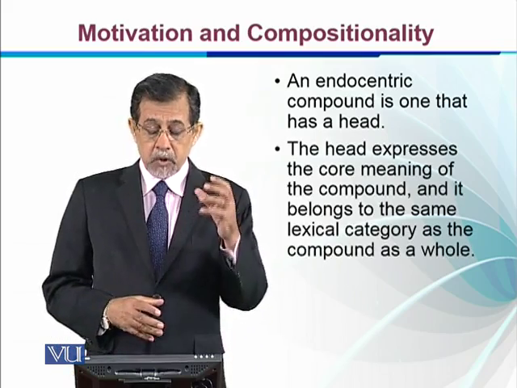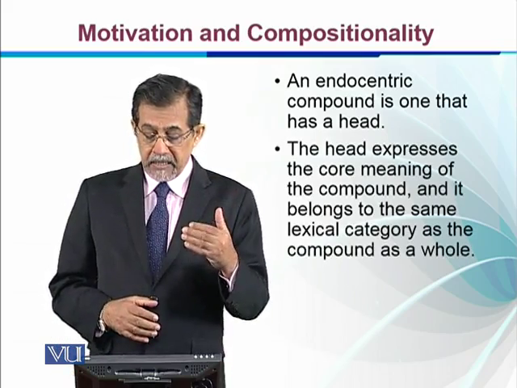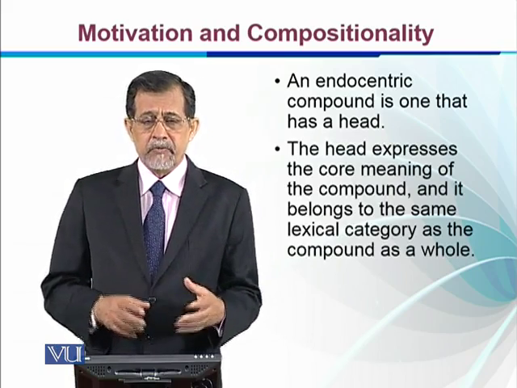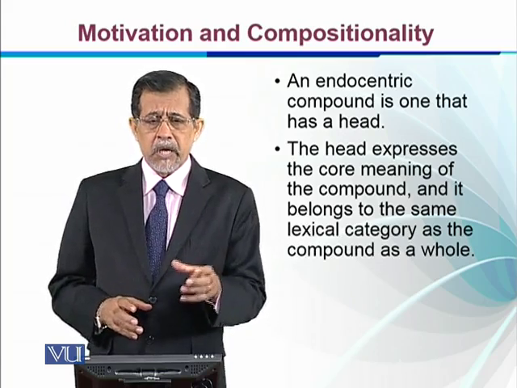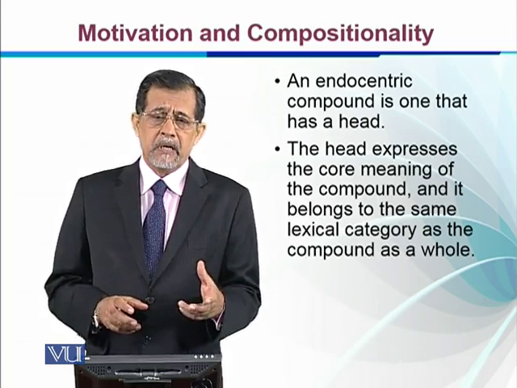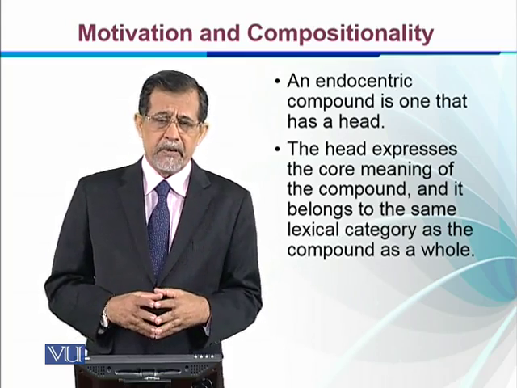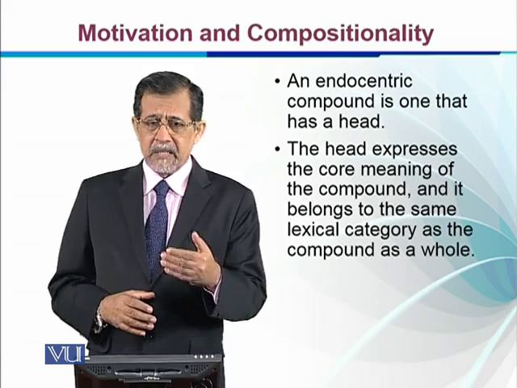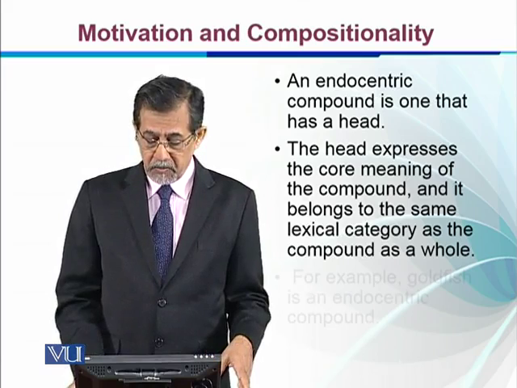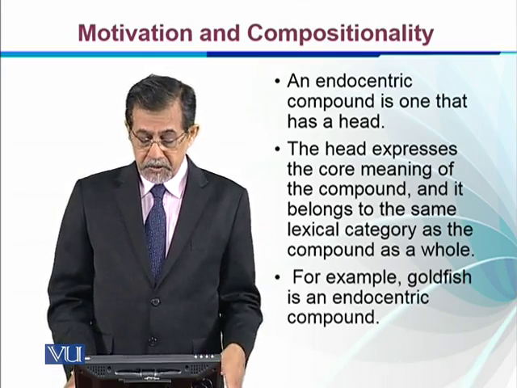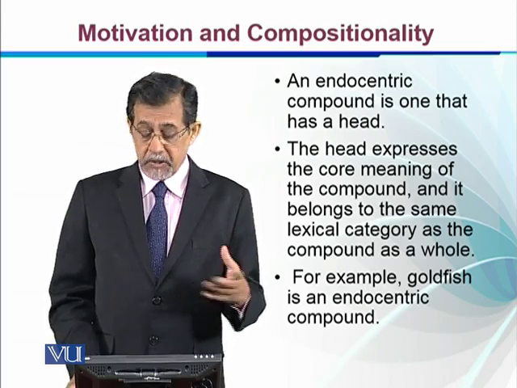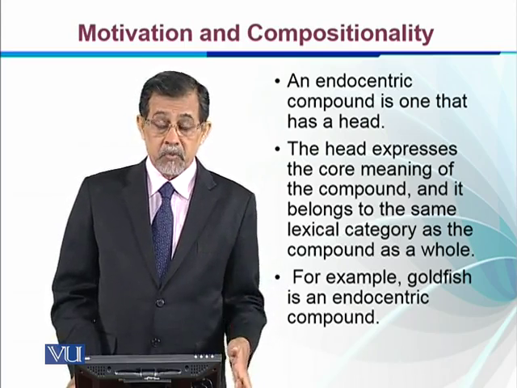The head expresses the core meaning of the compound and it belongs to the same lexical category as the compound as a whole. For example, we say dog house. House carries the main meaning of the compound, and it is a noun, so the compound will be a noun. For example, goldfish is an endocentric compound. Fish, a type of fish which is called gold.